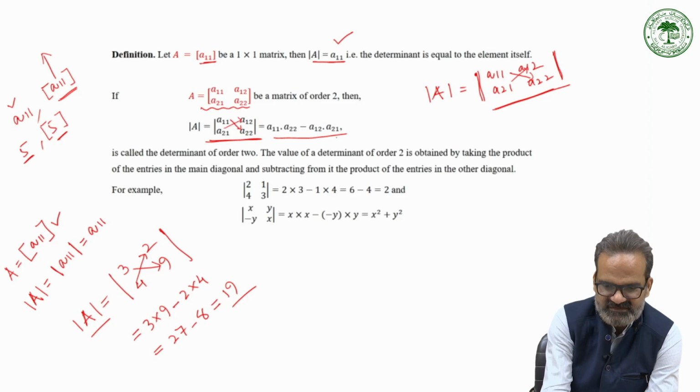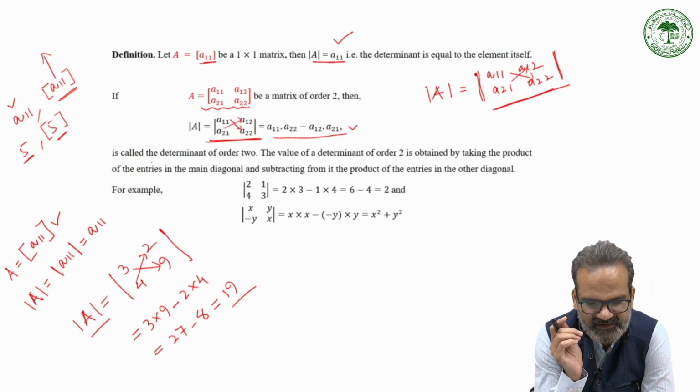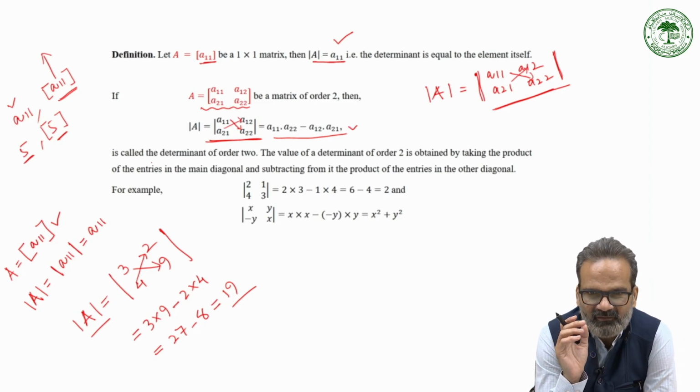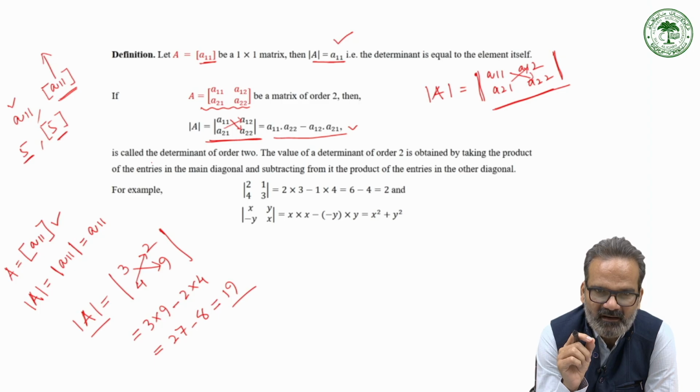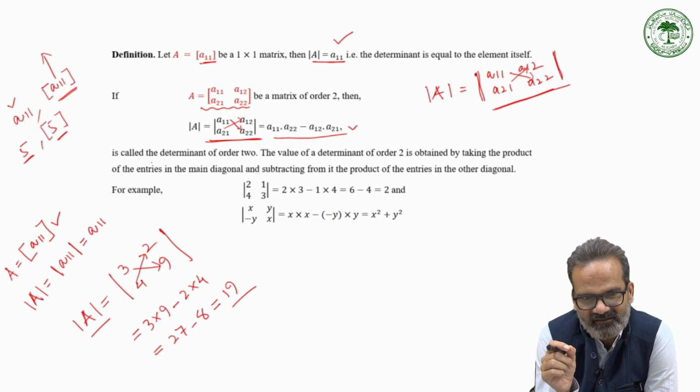So this is called the determinant of order 2. The value of a determinant of order 2 is obtained by taking the product of the entries in the main diagonal and subtracting from it the product of the entries of the other diagonal, right?